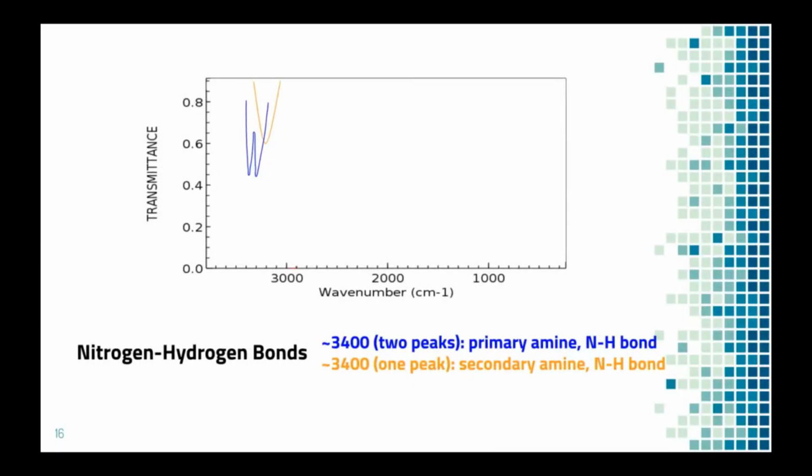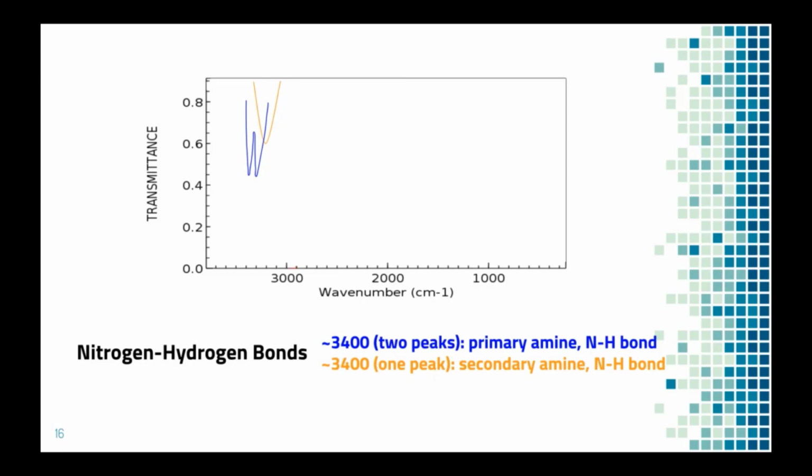If we're looking at the nitrogen to hydrogen bonds, the more distinguishing factor here is the number of peaks. And that has to do with the symmetry of the nitrogen-hydrogen bonds. I won't go too much into that. But essentially, if there are two peaks, that'll be a primary amine.